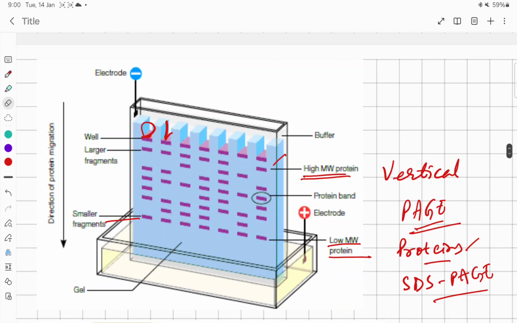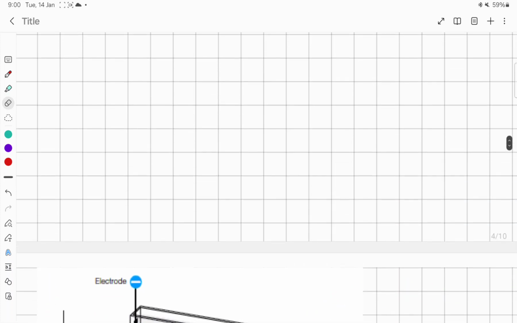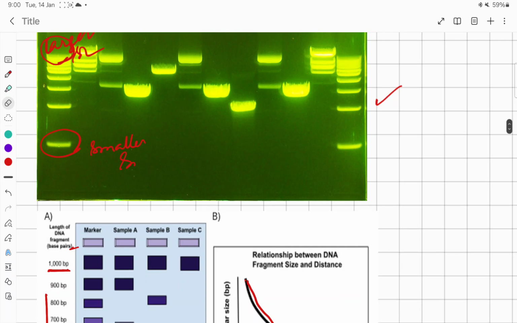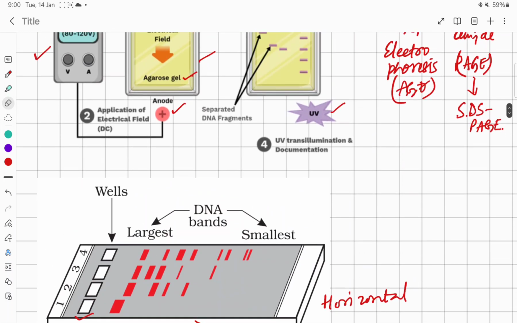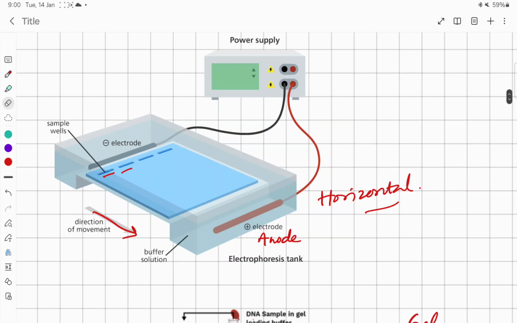We use gel for electrophoresis, and in electrophoresis an electric field is applied, taking at one end the negative electrode or cathode and at the other end the positive electrode or anode.